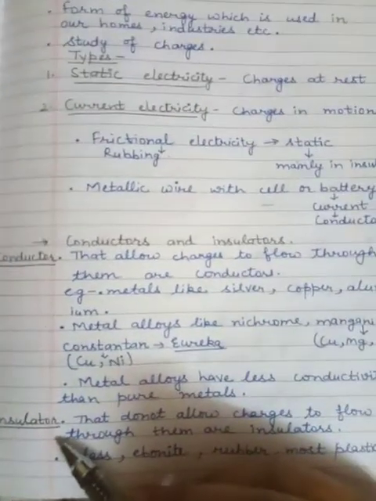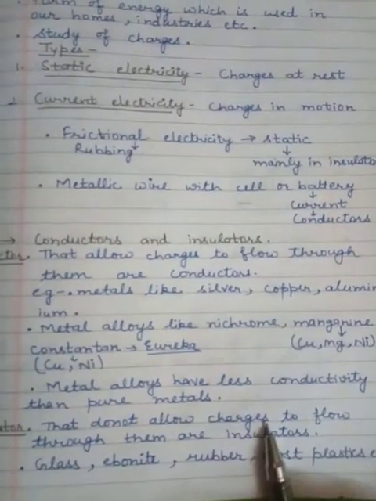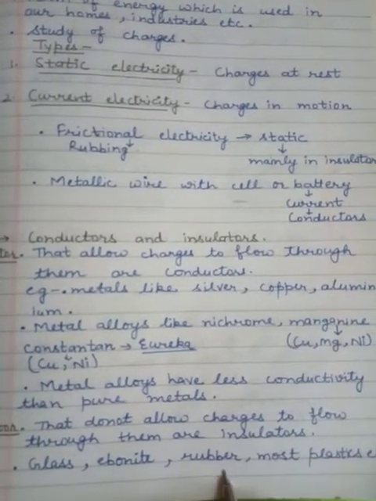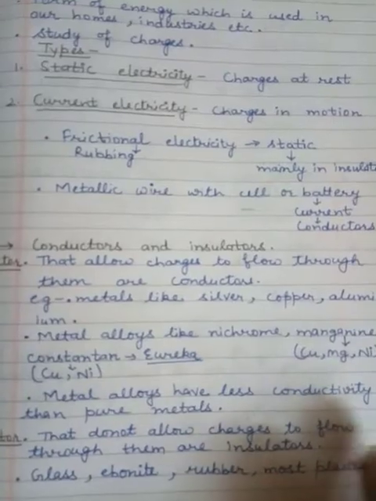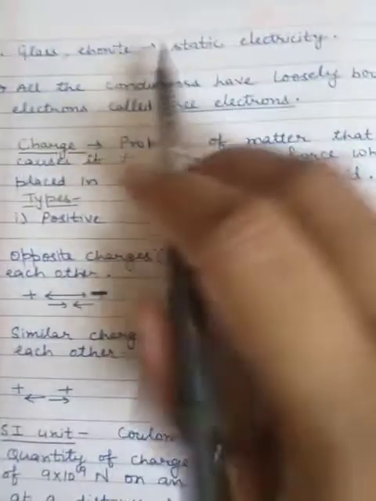Now in the case of insulators, insulators are the substances that do not allow charges to flow through them. For example, glass, ebonite, rubber, mostly plastic, bakelite, PVC, these are all examples of insulators.